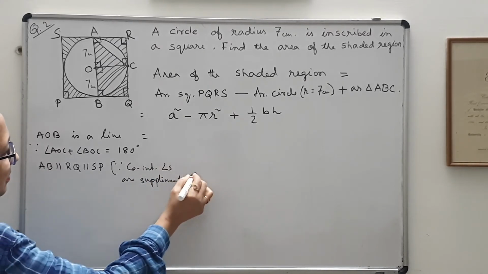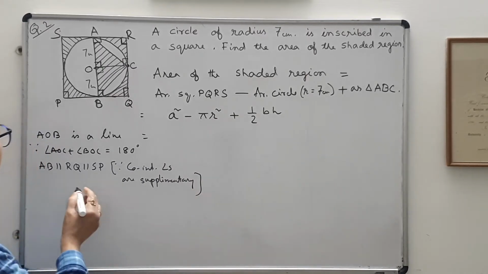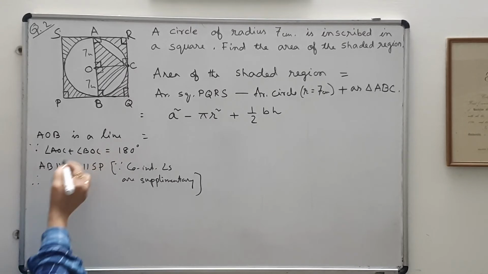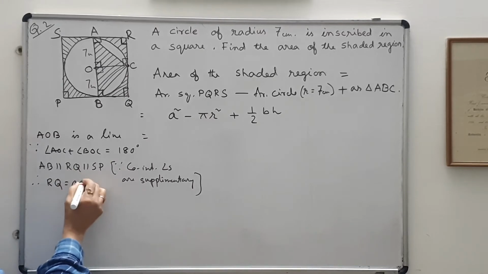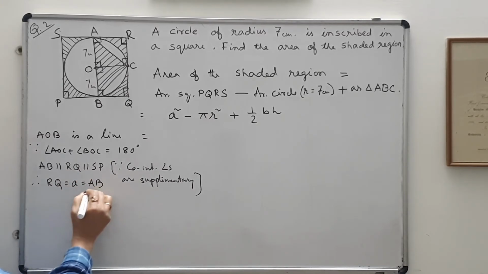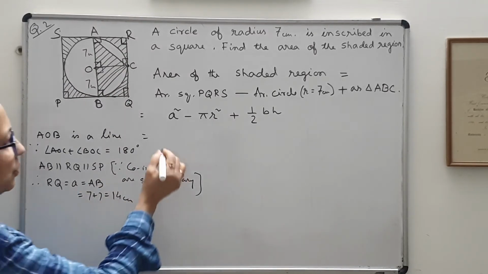These are basic theorems you have come across in 9th class, so you know these things. Therefore, the side of the square RQ will be nothing but AB. And what is AB? AB is AO plus OB, that is 7 plus 7, that is 14 centimeter. So I know the value of it.